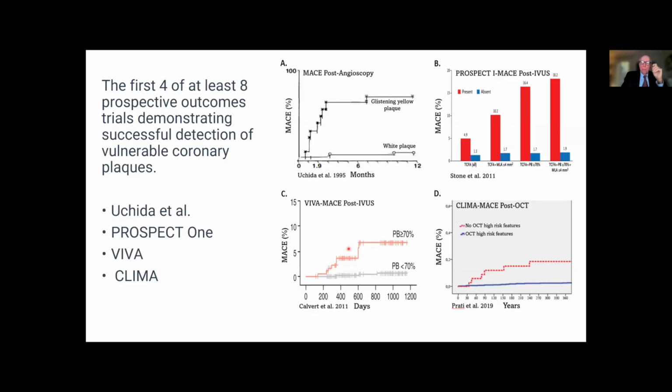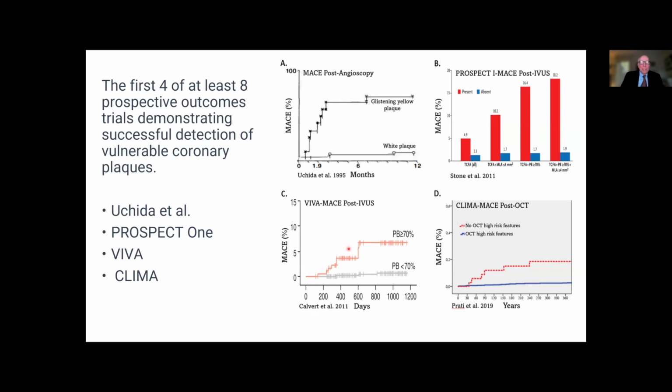Now, over the decades since the concept was introduced, there was a lot of controversy. And many people said you can't find vulnerable plaques. You know, it's a systemic disease. You don't know where it's going to strike. But over the decades, there have been multiple, 8 or 9, long-term studies in which people image something and then wait for events.